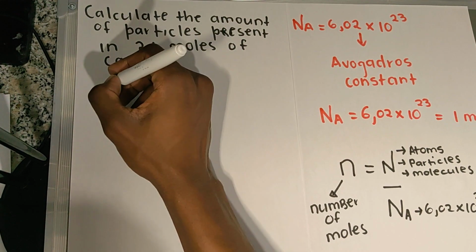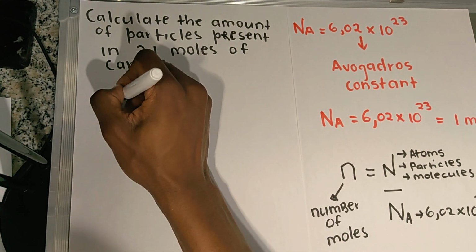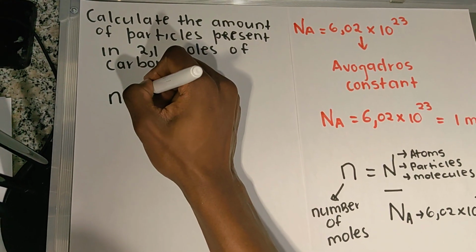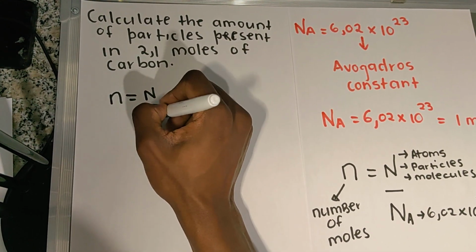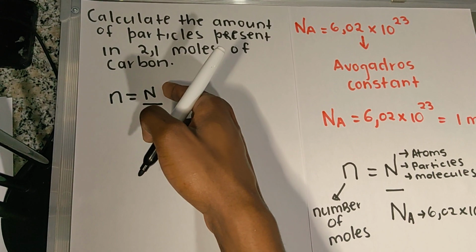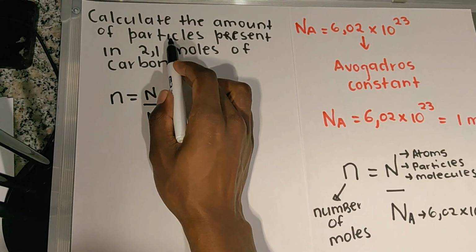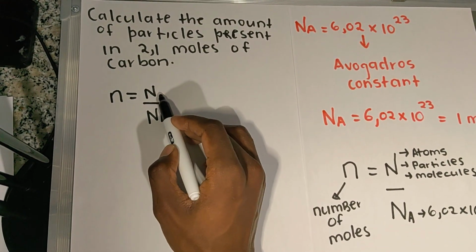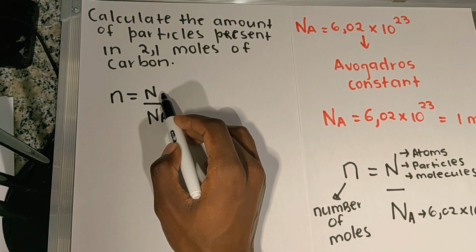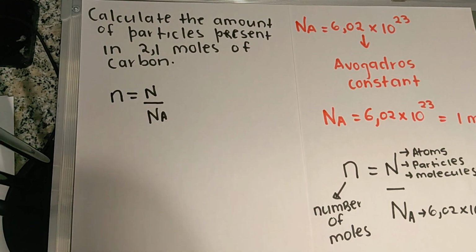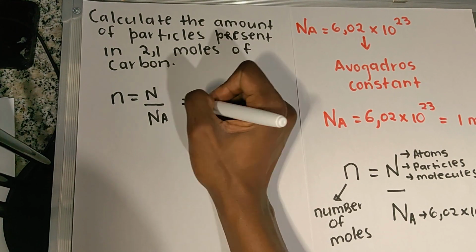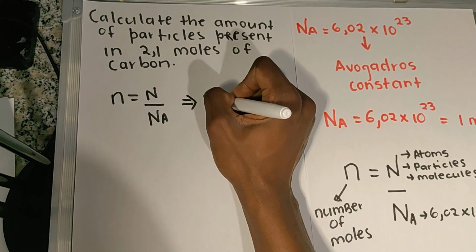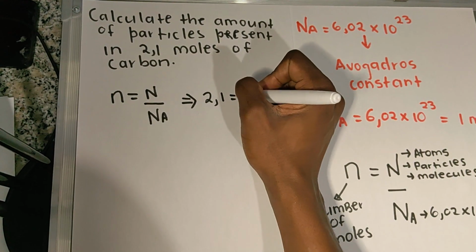Now, we know that the number of moles is equal to the number of particles over the Avogadro's constant. I'm saying the number of particles because that is what we are calculating. So this can change to a number of atoms or a number of molecules depending on what the question wants. So now substitution: the number of moles is equivalent to 2.1.